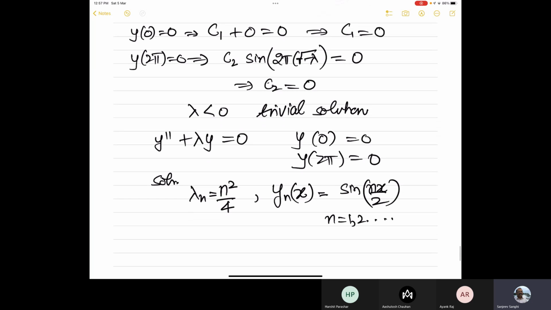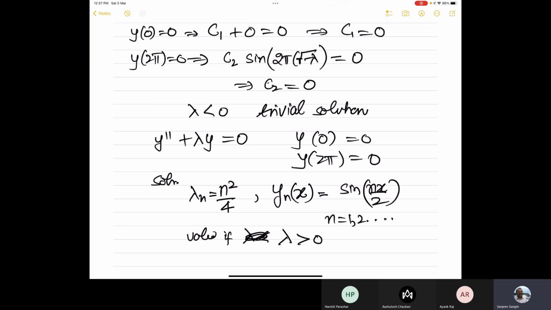And this is valid if lambda is greater than 0. So this is what we get, and these are what we call the eigenvalues and eigenfunctions.